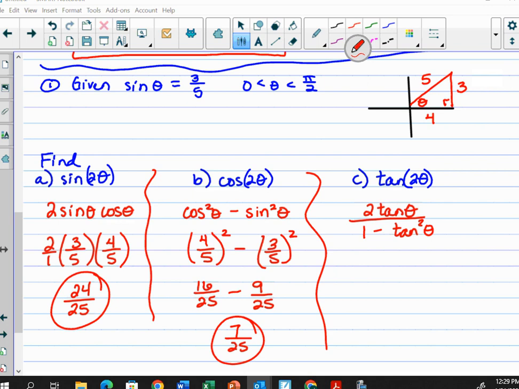Make sure you do your common denominator in the denominator. That sounds weird. Before you do any sort of flipping and multiplying, okay? It's a lot of denominators.